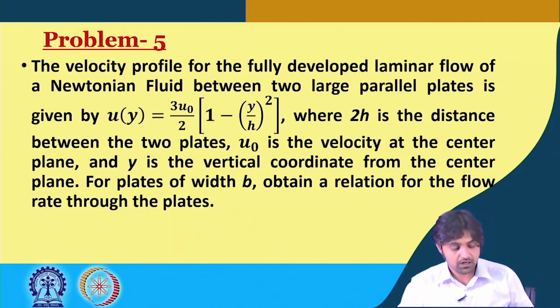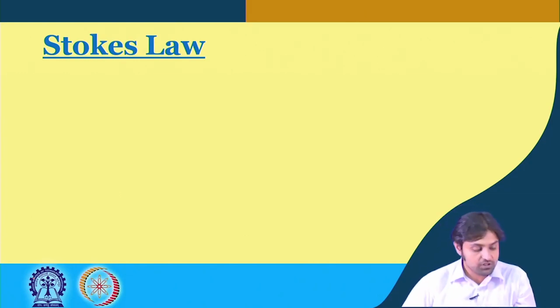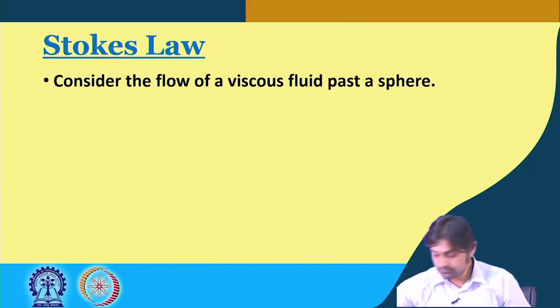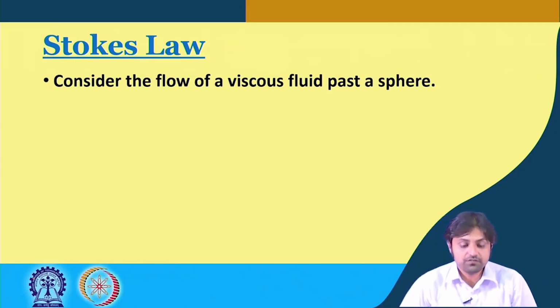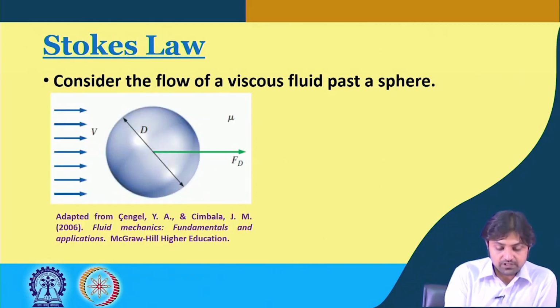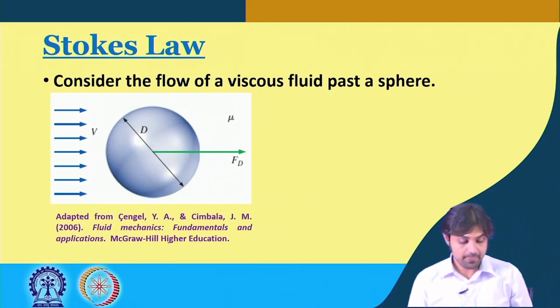All right, so we now proceed to another concept called Stokes' law. If we consider viscous flow past a sphere, so this is the sphere and there is a flow of velocity V coming toward the sphere, the diameter of the sphere is d, and mu is the fluid viscosity.